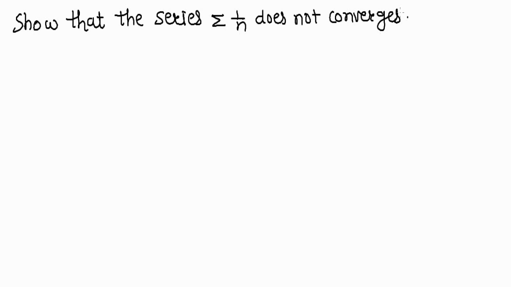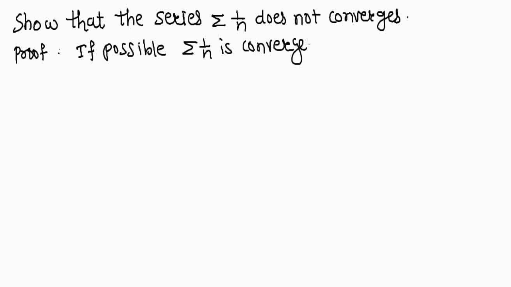We prove this by contradiction. So let us prove this by contradiction. If possible, summation 1 by n is convergent.